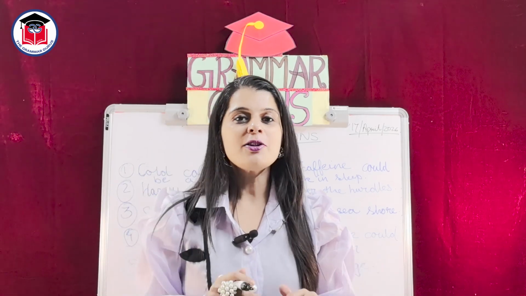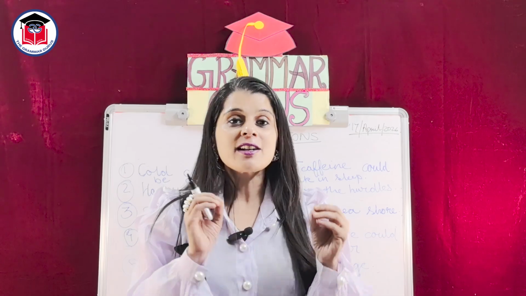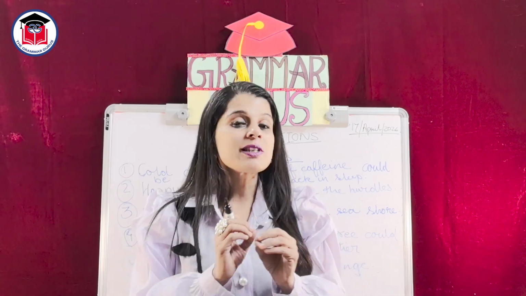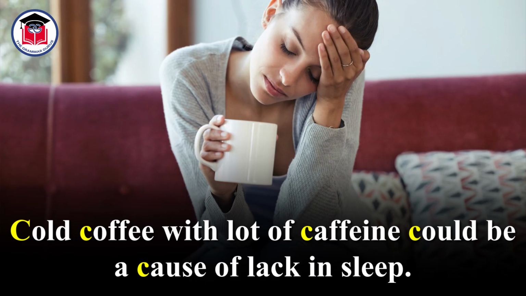Now, let us have a look at the following interesting examples that will make the topic alliterations absolutely clear to you. Look at the first sentence. Cold coffee with lot of caffeine could be a cause of lack in sleep. Did you notice the consonant sound k, how it repeated itself?